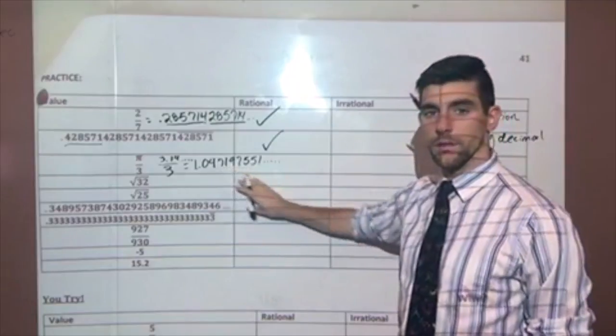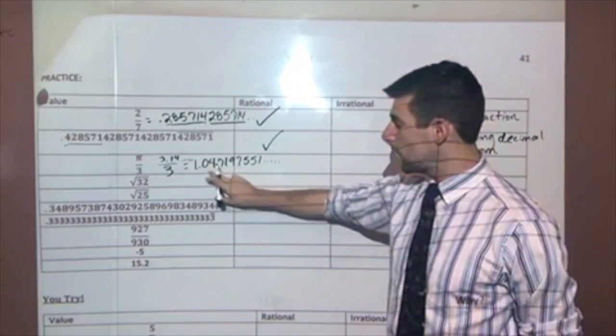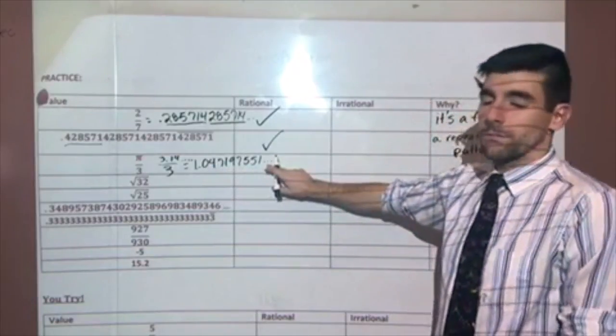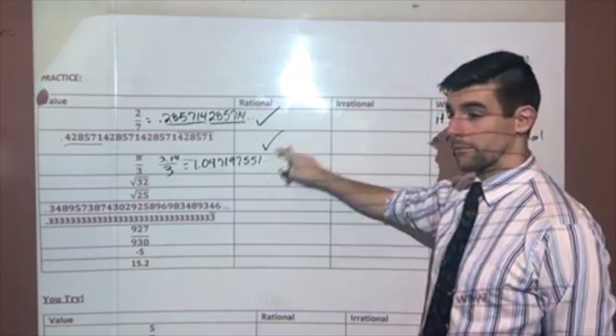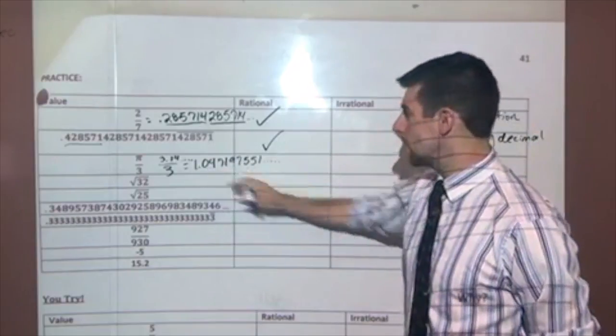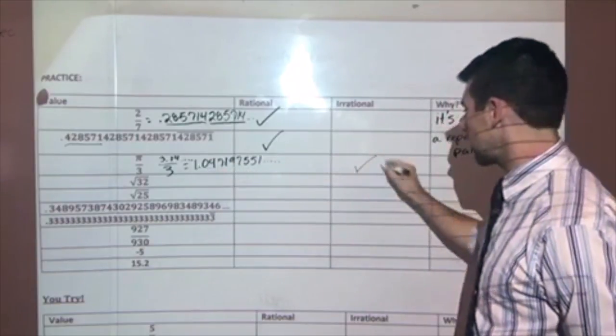If you analyze really carefully, you can tell it's pretty much impossible to predict what's going to come after that 1. You might guess and get lucky, but you couldn't predict the one after that. There's no pattern here, and that's what makes it irrational.